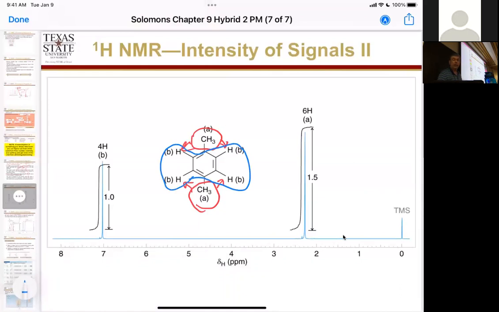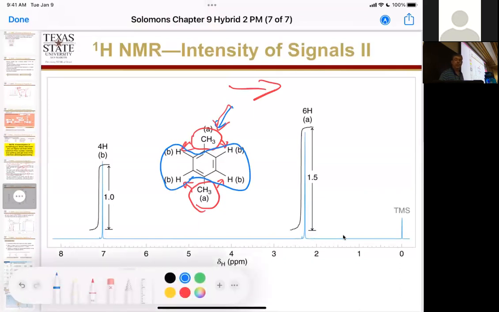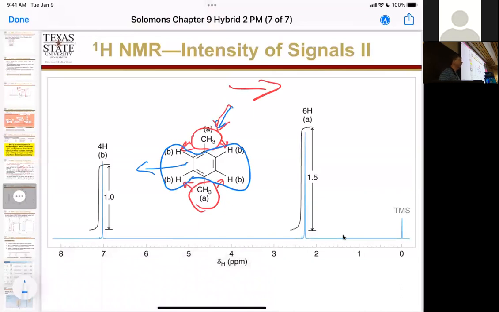Okay, and these are methyl groups, so they're going to be upfield. These are benzene rings, so they're going to be downfield. So we can identify by just the general position. We've identified by where they are, but now we also have how many. We have 4 of these hydrogens and 6 of these hydrogens.